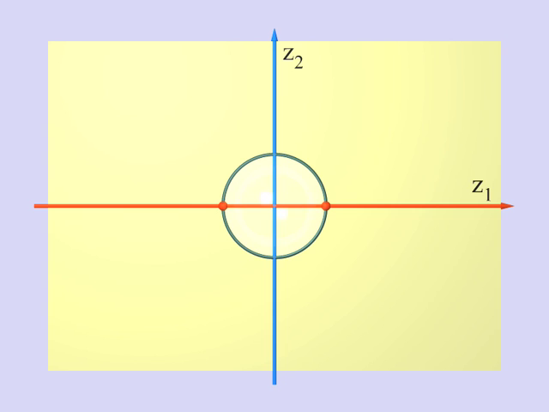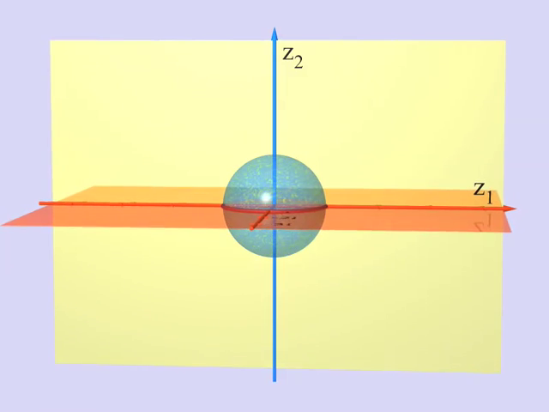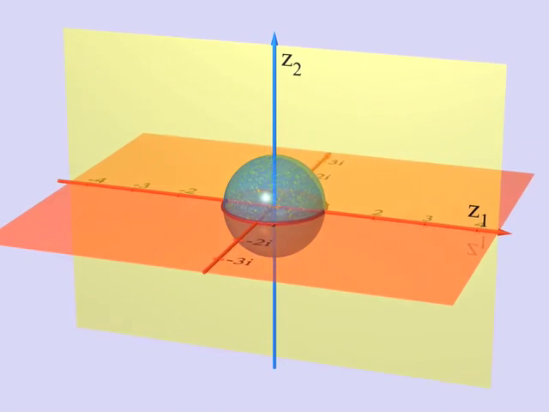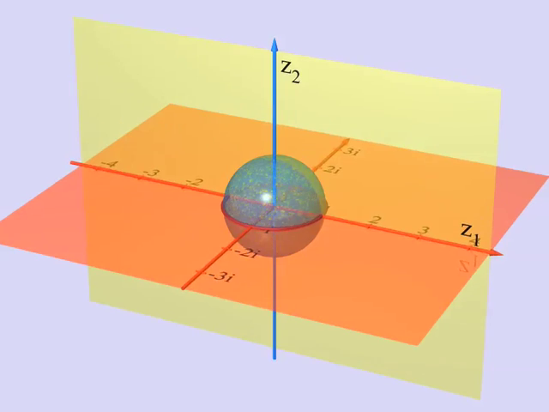Let's try to see at least how this sphere intersects the first axis. The three-sphere intersects the first axis in a set of points on this axis which are at distance 1 from the origin.